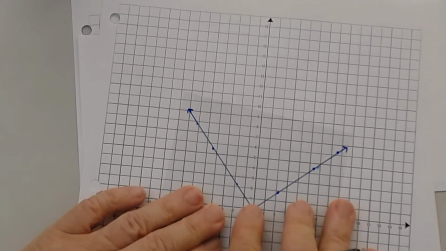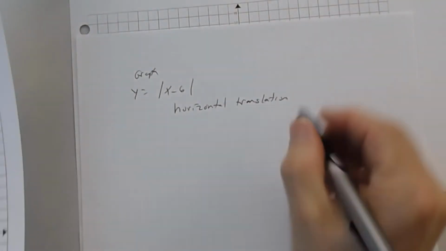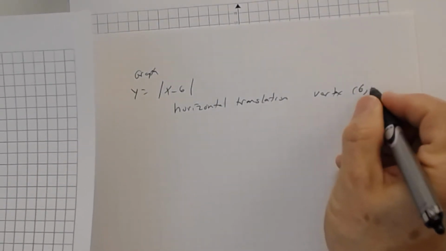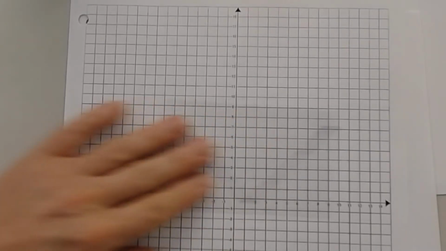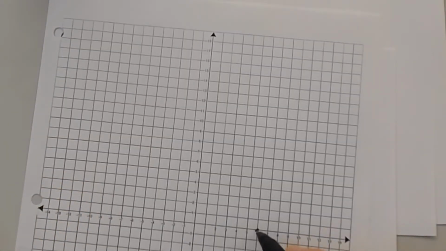So if your vertex is at the origin and you move it 6 units to the right, that becomes 6, 0. So your vertex is 6, 0. Not 0, 6, because 0, 6 is on the positive y-axis. So remember, you're moving it to the right. Okay, so 6, 0 is here.